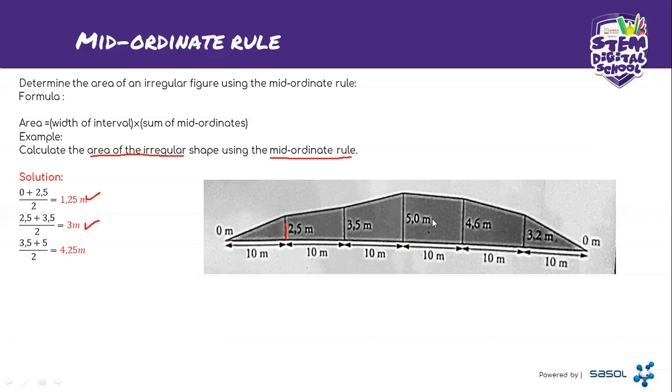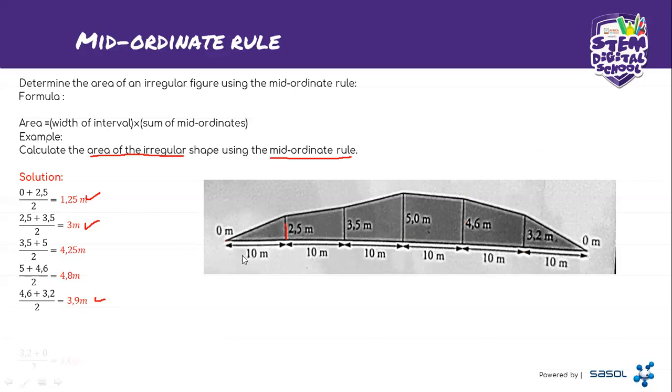Then you proceed: 5,0 plus 4,6 divided by 2 equals 4,8 meter. Then 4,6 plus 3,2 divided by 2 gives us 3,9 meter.